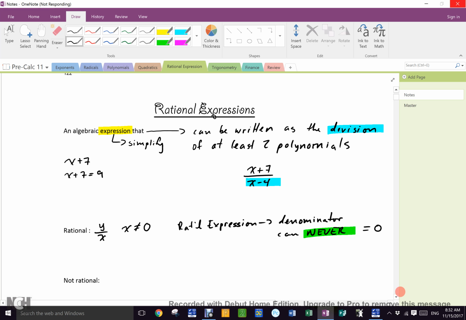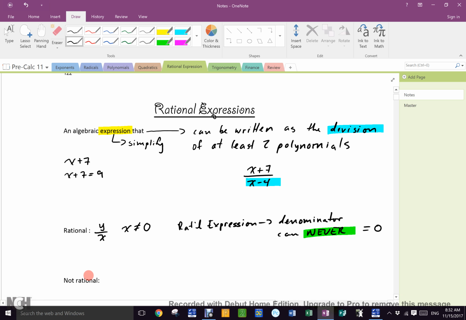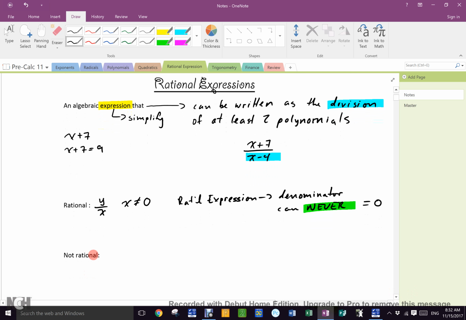All right. Now there are some things that make expressions not rational. Now notice I'm not using the word irrational because that's a slightly different thing. If it is not rational, these are the things that are not allowed. I can't have a variable exponent. That's not okay. Can't have it. That's not rational.